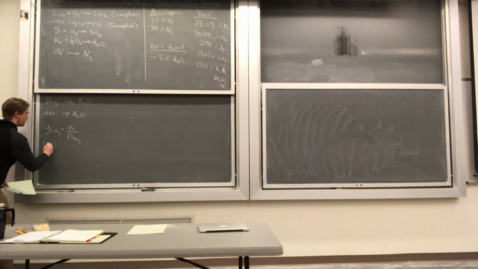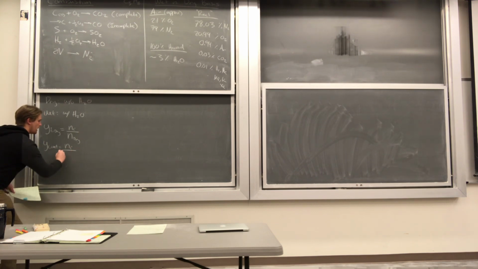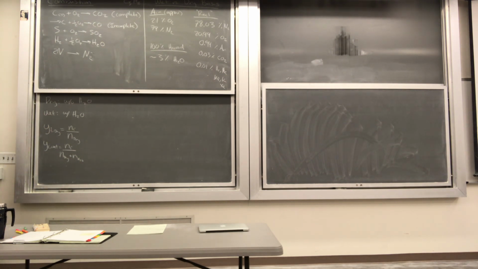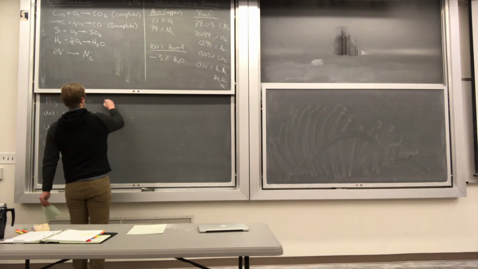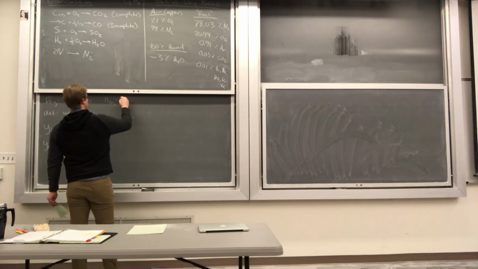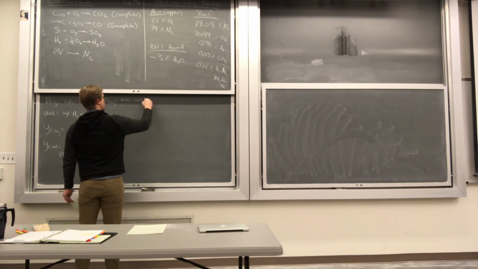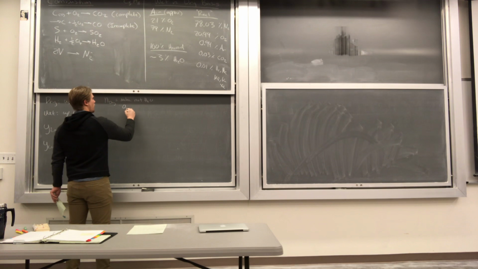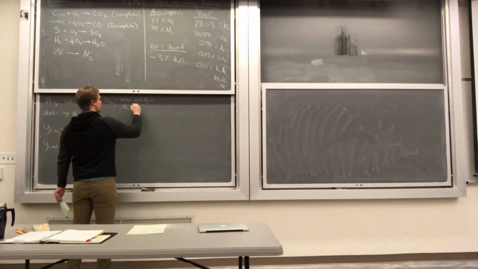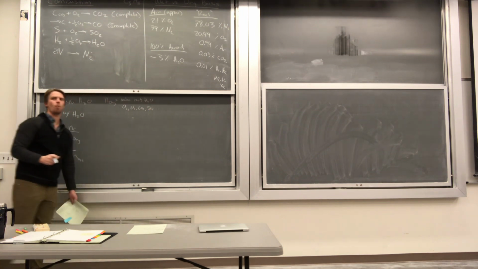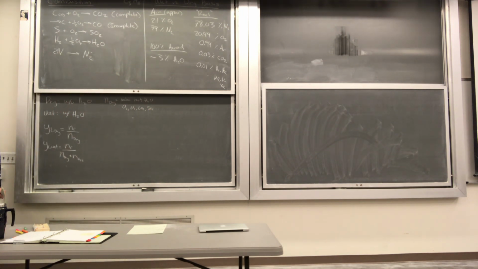The mole fraction of species i on a wet basis is the number of moles of species i divided by the number of moles of dry gas plus the number of moles of water. Just to be clear, N dry is the molecules that are not water, so this could be oxygen, nitrogen, CO2, SO2, and so on. Everything that's not water is going to be your dry compounds.